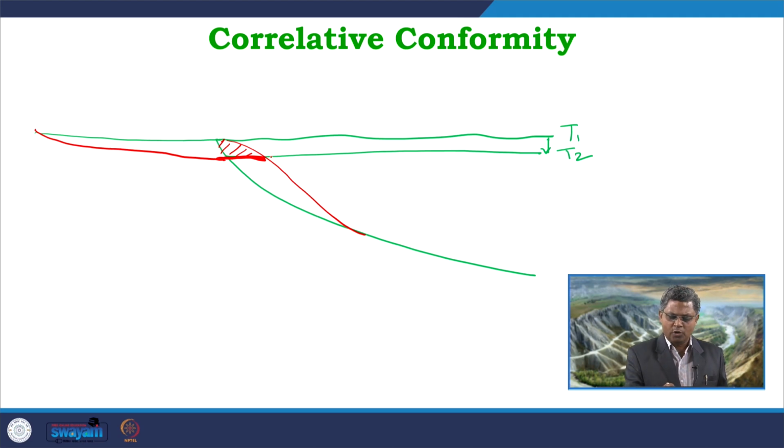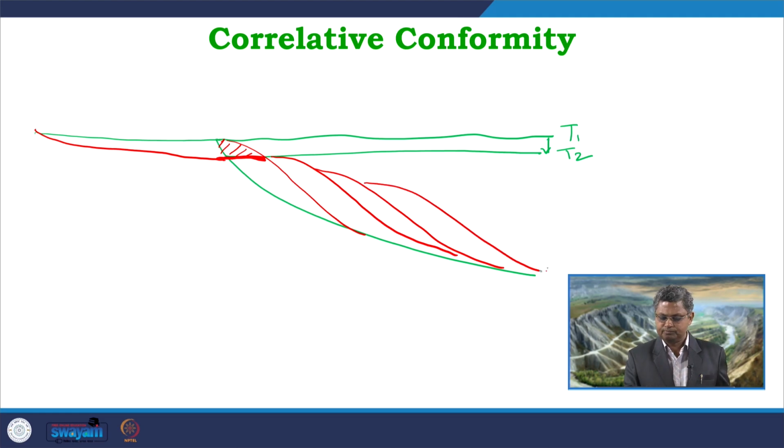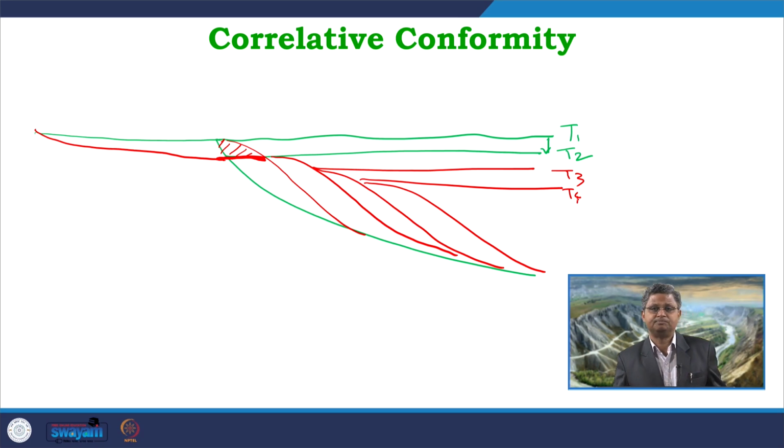For this new T2, we get the next phase of deposition like this, and it will gradually go on for the successive phases of deposition like this. So, these are the successive phases of sea level fall or base level fall. Now, when you reach T4, this is the end of the forced regression.